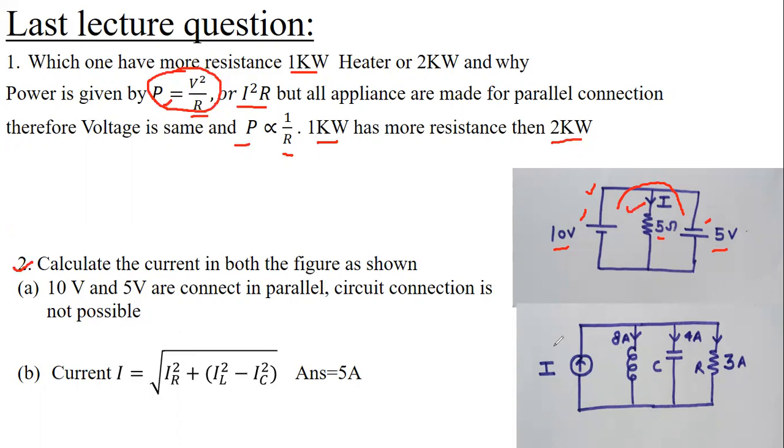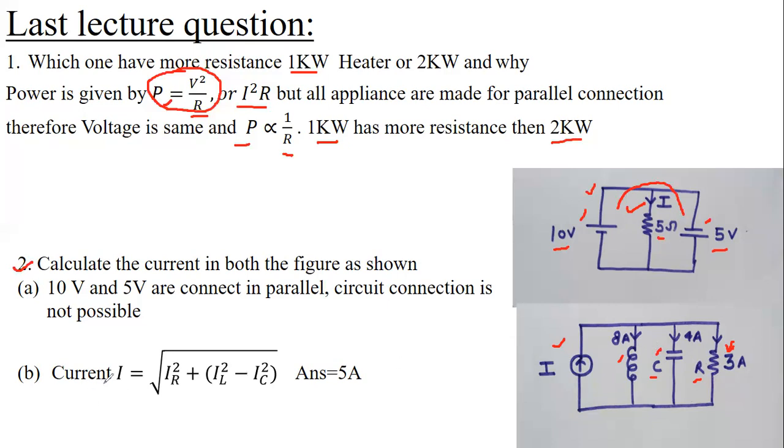And in the second case, R, L, C are connected in parallel. The individual branch currents are given. In parallel, voltage is the same. So the current across the resistance is in phase with the voltage, while the currents in the inductor and capacitor lag and lead the voltage by 90 degrees.